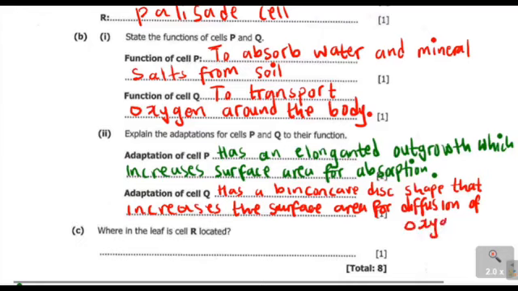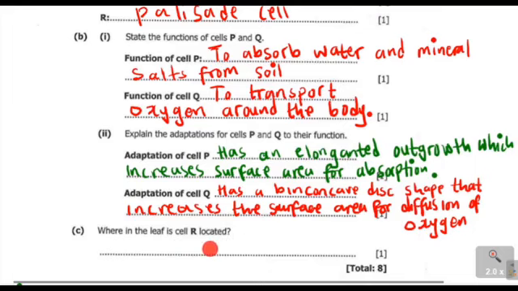So remember, I've said that there are other adaptations that you can give for the root hair cell and the red blood cell. Okay, so we are done answering question 2. We now come to question C. In question C, the question reads, where in the leaf is cell R located?